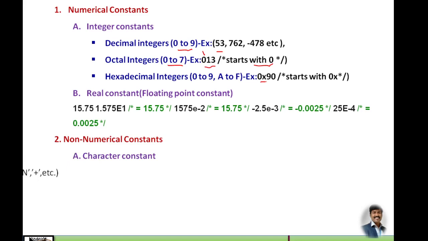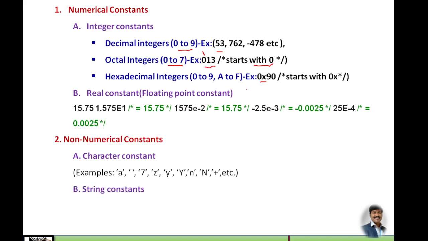A character constant is a symbol written in a single quote. It may be a digit or a special symbol. Any information written in a single quote should be only one digit or character. That is called a character constant.